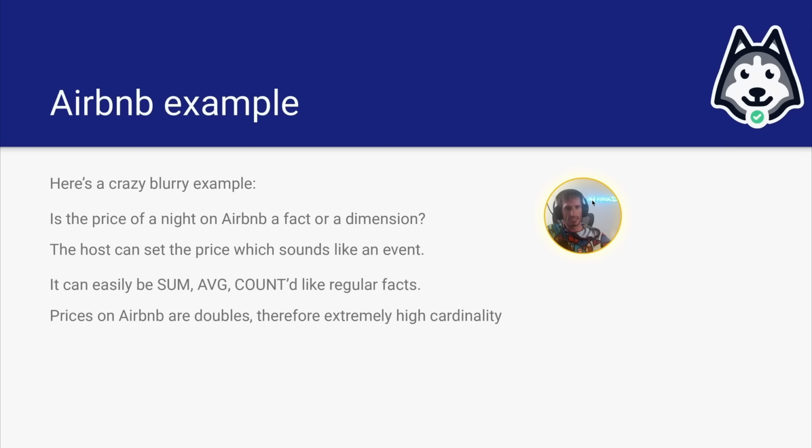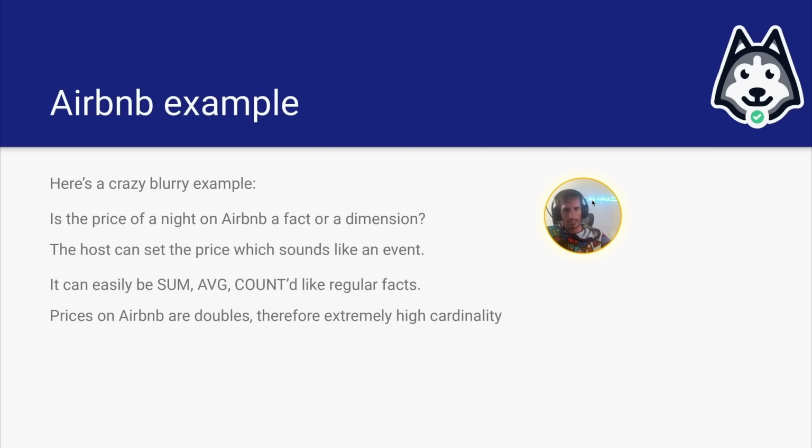On a specific night, you have a price for a listing. Is that a fact or is it a dimension? It seems like it might be a fact, because you can sum it. If I bought every night at this Airbnb for a month, you can sum it up and see what it would be.